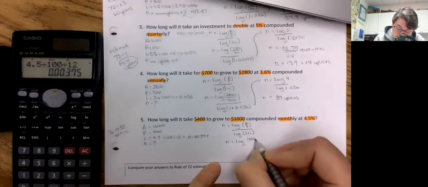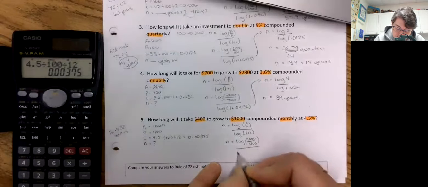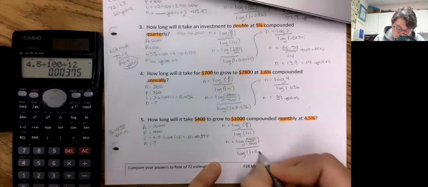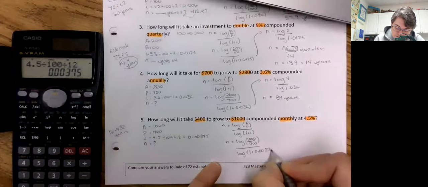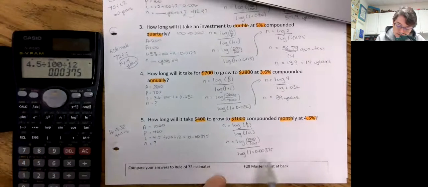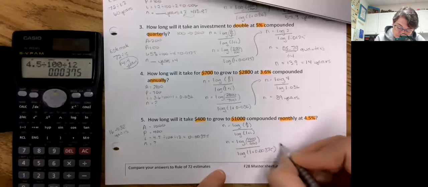So it's 1,000 over 400 over the log of 1 plus 0.00375. Just going to double check. There's 2 zeros there, 2 zeros there, and I remember to put 2 zeros there.